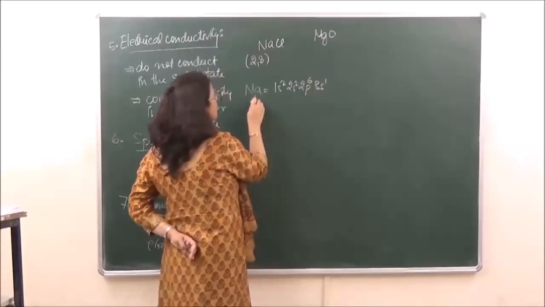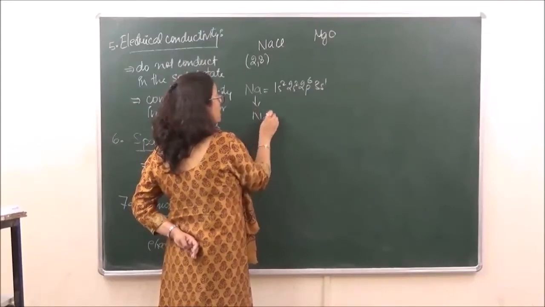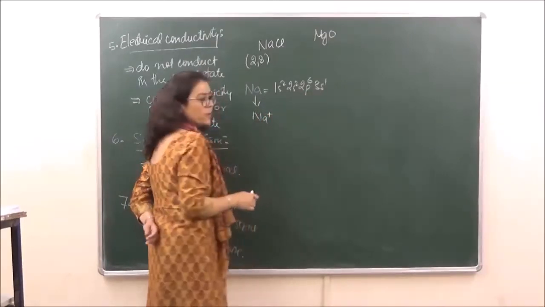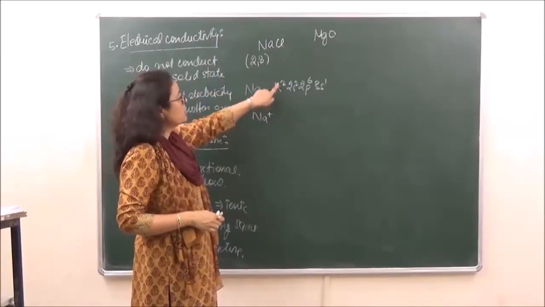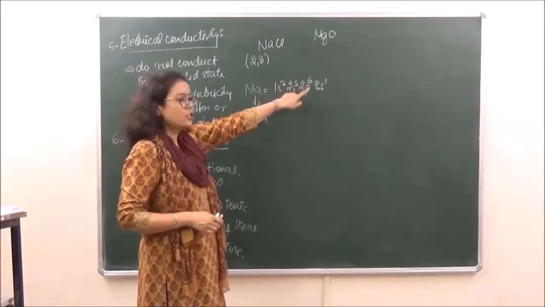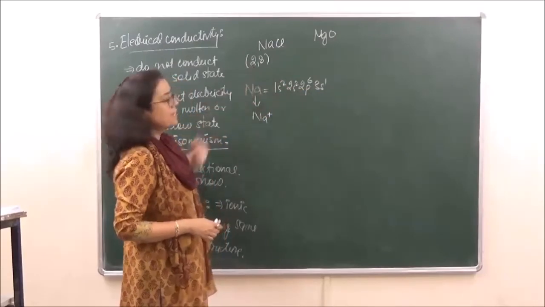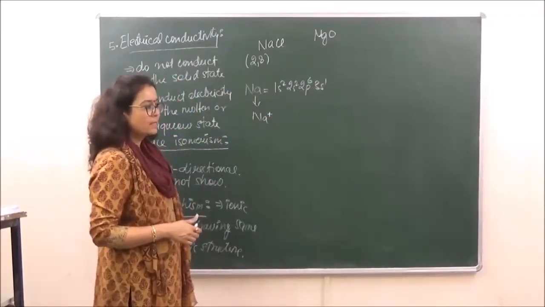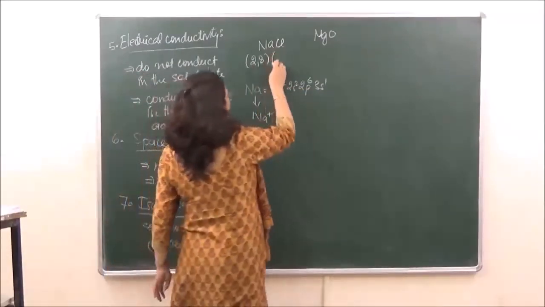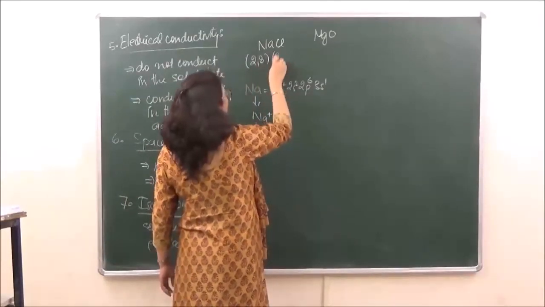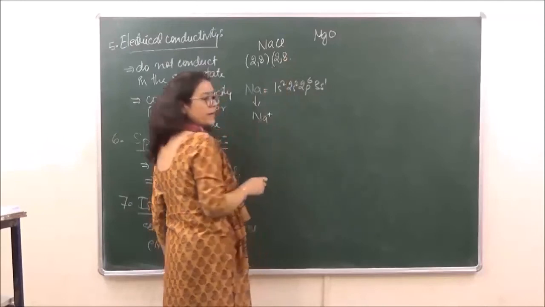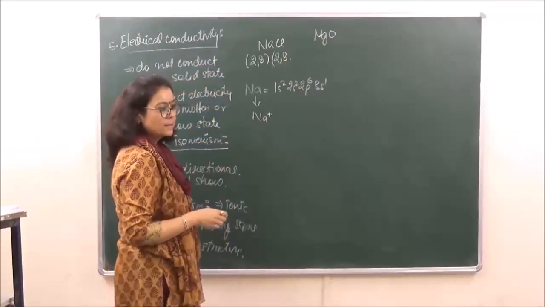When this is converted into Na positive ion, the outer shell goes away. So in the first shell it is 2 and in the second shell it is 8, so the electronic configuration is 2,8. Similarly, the electronic configuration of chloride ion in the outermost shell is also 2,8.